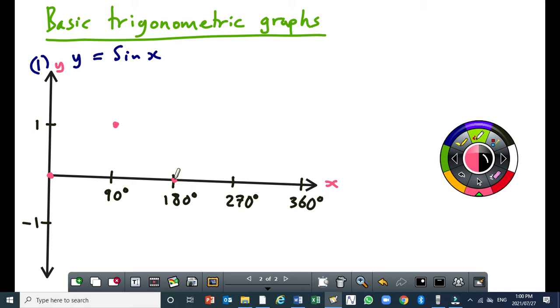You've got your calculator, you should have your calculator in front of you. When x is 270, then y is equal to -1. When x is 360, y is 0. So when you sketch the graph of y equal to sine x, it will look like this.